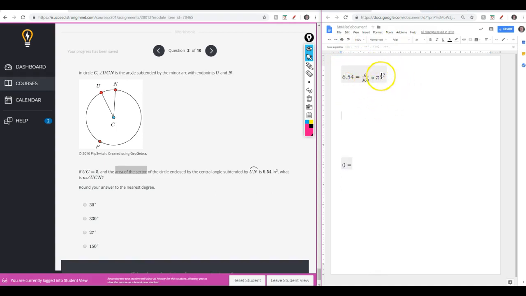Again, we have pi times 5 squared, so we would divide both sides by pi times 5 squared.